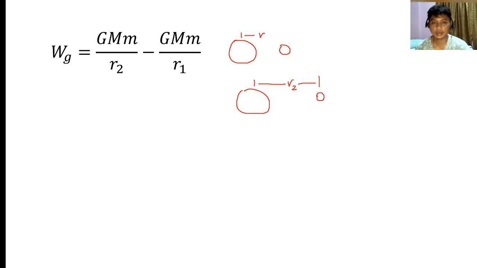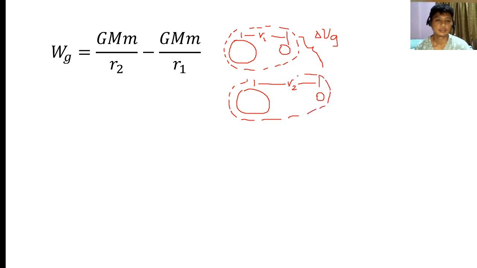So what we are actually doing is changing the gravitational potential energy of the system. There is a change because initially the objects are closer, but by applying an external force, the objects are now farther apart. We caused a change.